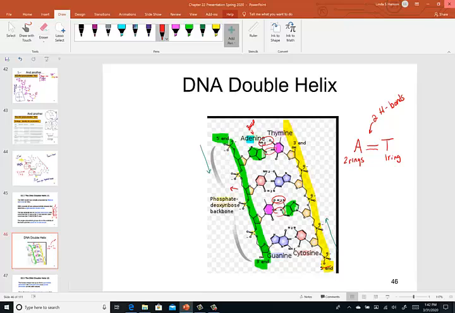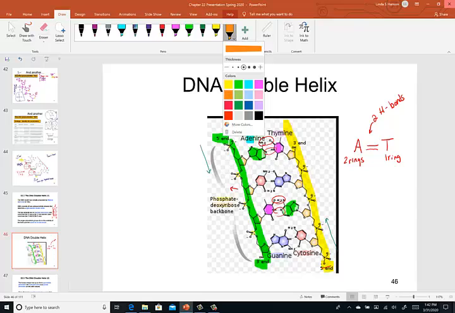What else do we see? Color-coded in kind of an orangish color, I can make it orange, we have this particular molecule. Color-coded in orange is cytosine. Trying my best, that's orangish.